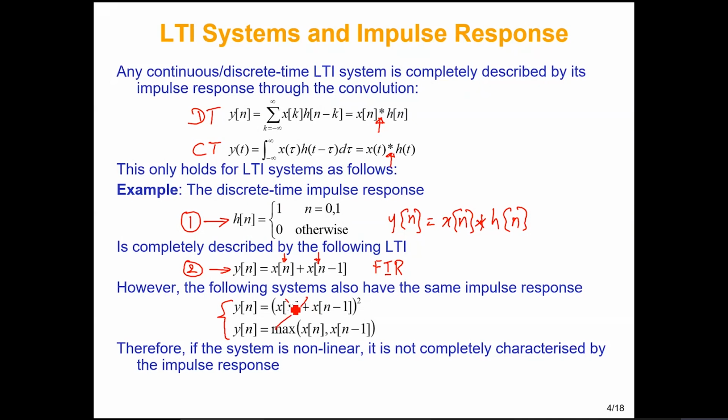The good part is that in this course we will not deal with any non-linear system, only linear systems. A non-linear system may give the same impulse response as a particular linear system, but you will not face this confusion during your undergrad or major part of your masters.